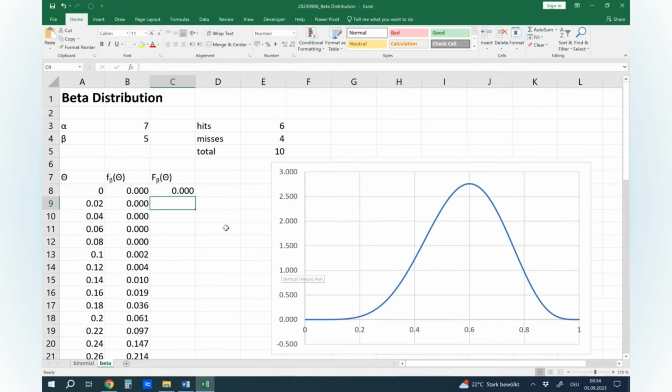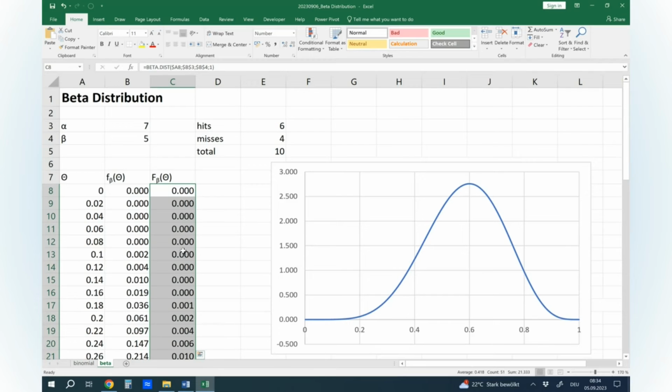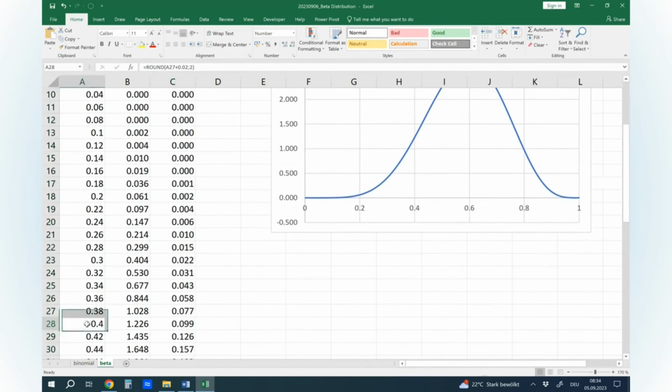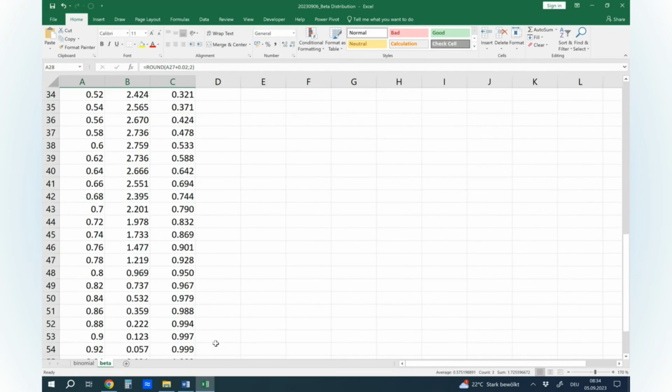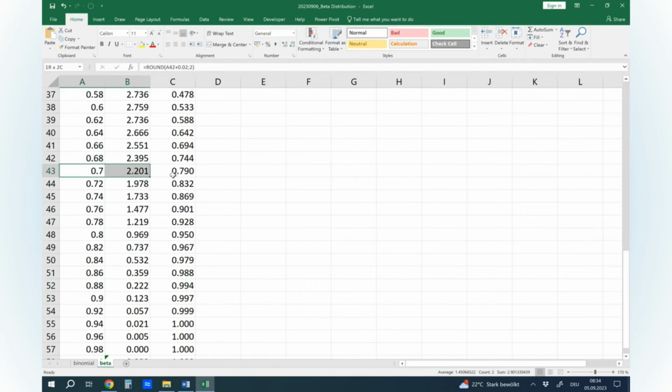By doing so, we can determine, for instance, in the case of observing 6 hits and 4 misses, the likelihood of theta being smaller than or equal to 40% amounts to 9.9%. Conversely, the likelihood of the hit probability surpassing 70% is around 1 minus 0.79 equal 21%.